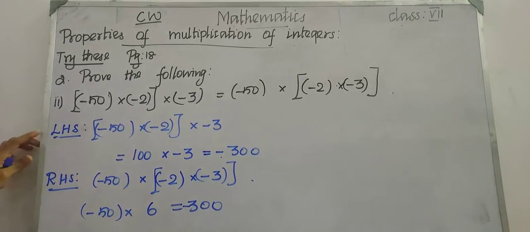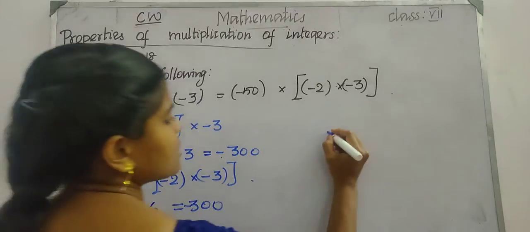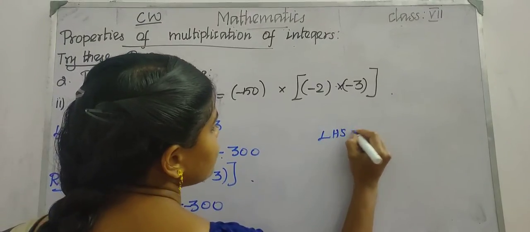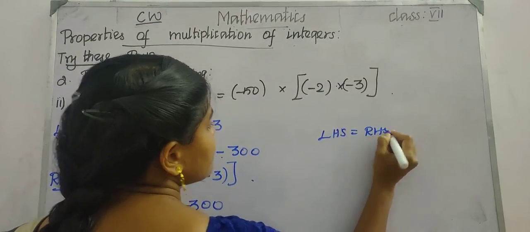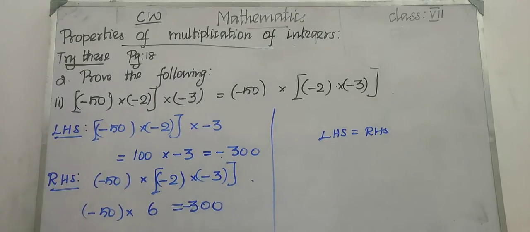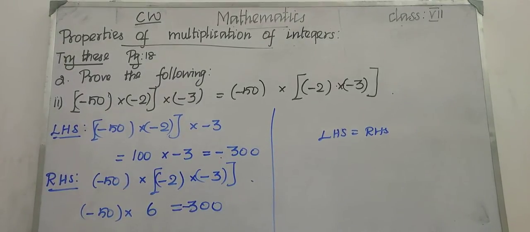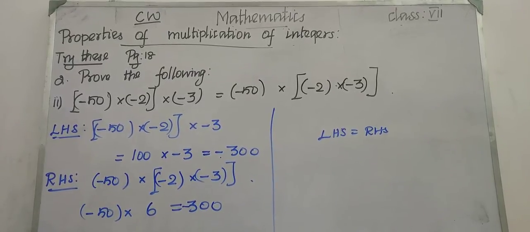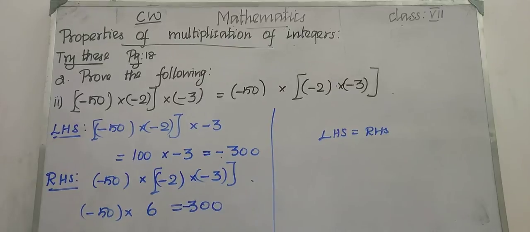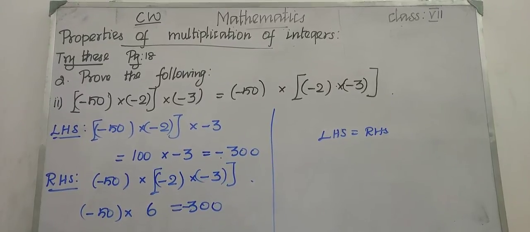So we got LHS equal to RHS, right? LHS equal to RHS. So what can we say? Multiplication of integers is associative. Multiplication of integers is associative. Or else, associative property is true for multiplication of integers.